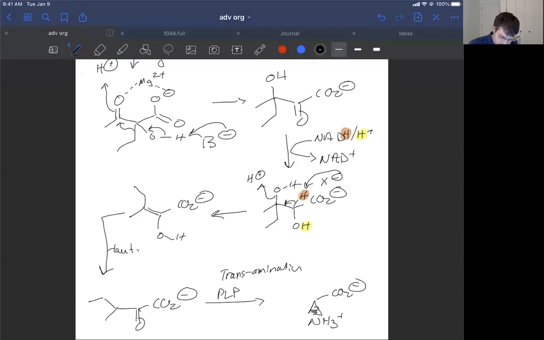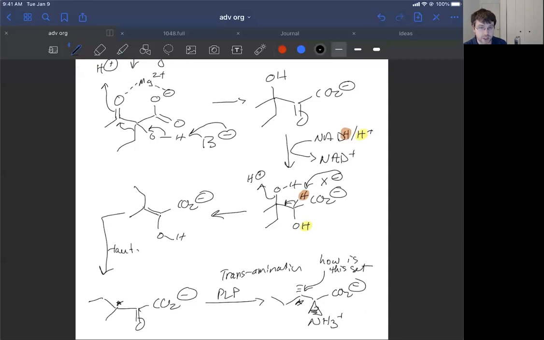I'm not sure how this stereocenter is set by the enzyme. And it's not in the book. Like during the tautomerization, do we see it being set? During the transamination, do we see it being set? I think that's an interesting detail.